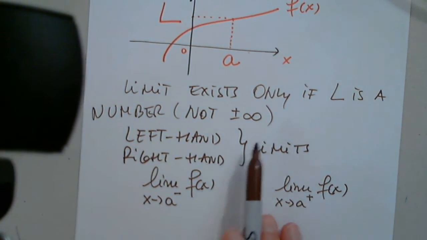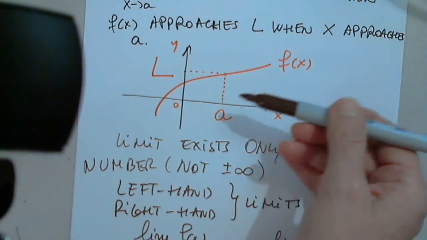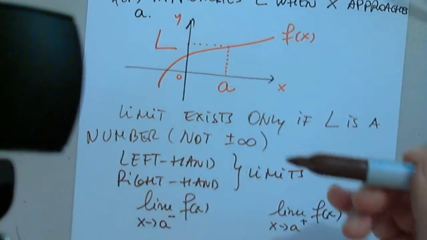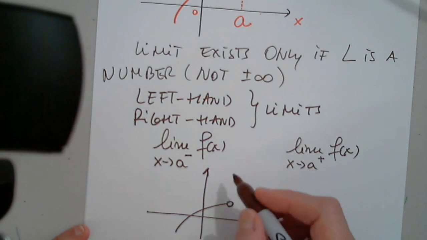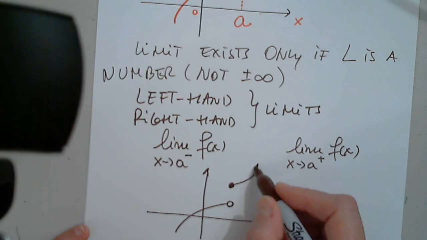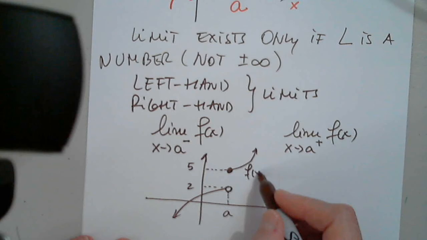Now, if the limit exists, these two have to be the same. The limit from the left is L. The limit from the right is also L. But what happened in this scenario? This is function f of x.